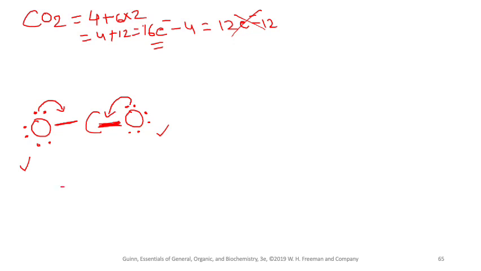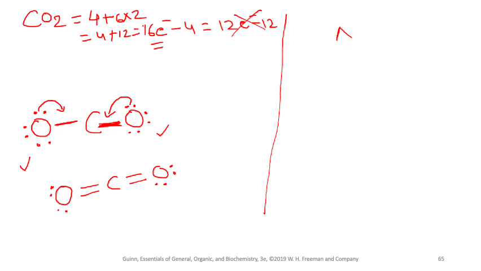So the other structure is going to be a double bond to carbon, then a double bond to carbon, and then 4 electrons on each oxygen. Now each atom has 8 electrons. So in carbon dioxide we have a double bond, not a single bond, right? And each extra bond comes from each oxygen atom because they are rich in free electrons.